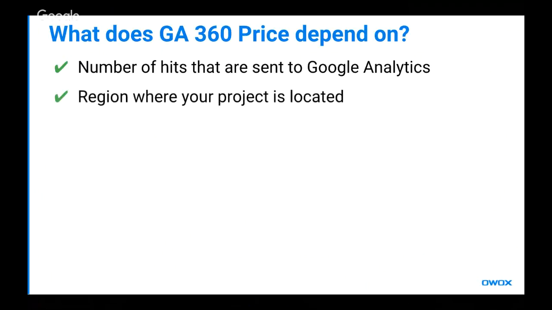The second important thing is the region where your project is located. The price for the GA360 license for a project located in the North America region differs from the price for emerging markets, even for projects with the same level of hits.